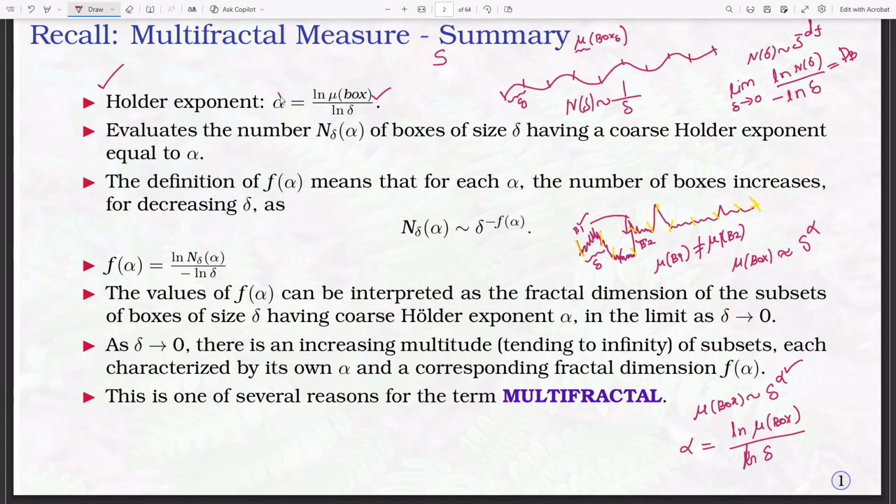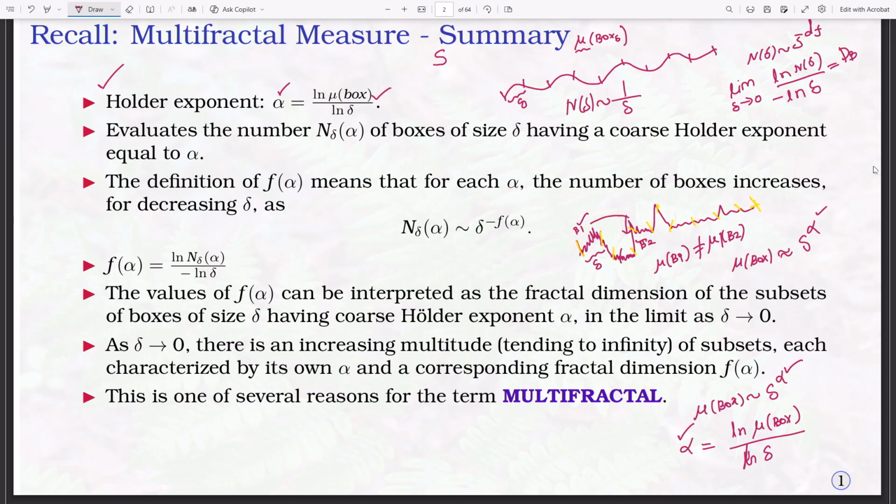Now you can understand, whenever this alpha value is lesser, then the measure of the boxes is high density. The object has the high density, that means the higher measure.